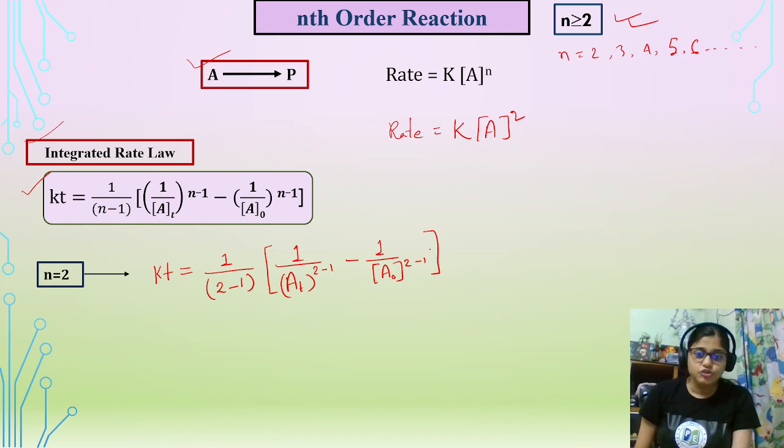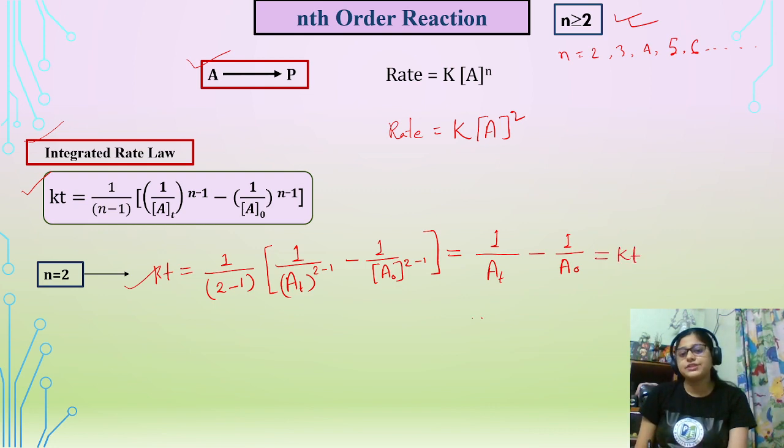Okay, so what will be the equation? 1 by 1, we should not write it, right? 1 by 1 is obviously 1. So what will be here? 1 by A to the power, sorry, not n, only A, because 2 minus 1 is 1, minus 1 by A0, equal to kt, right?